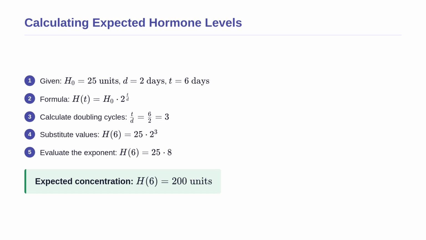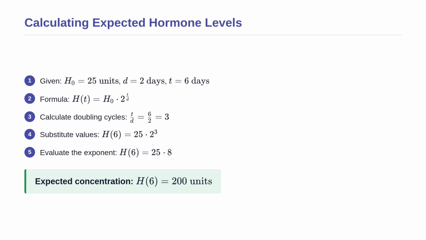Now that we have our formula, let us see this with a concrete example. Imagine an IVF patient whose initial blood test shows an HCG level of 25 units. The doubling time is exactly 2 days, and we want to find her expected level after 6 days. First, we calculate the number of doubling cycles by dividing the 6 days by the 2-day doubling time, giving us 3 cycles.